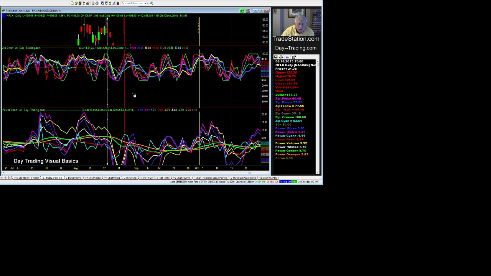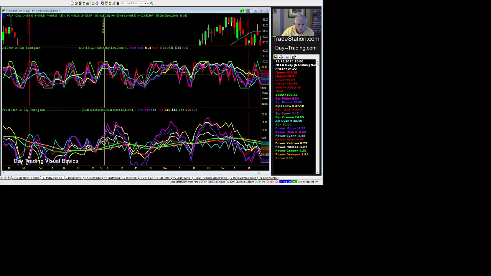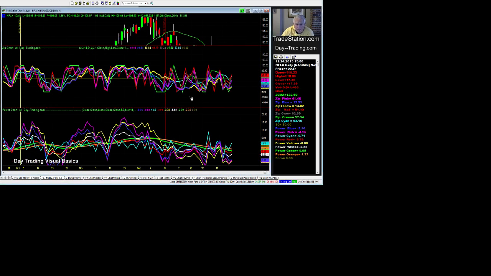All right. So that describes how you can effectively trade the Zip Cyan lowest. I've got one other one that I want to go to over here, and this is right over here.